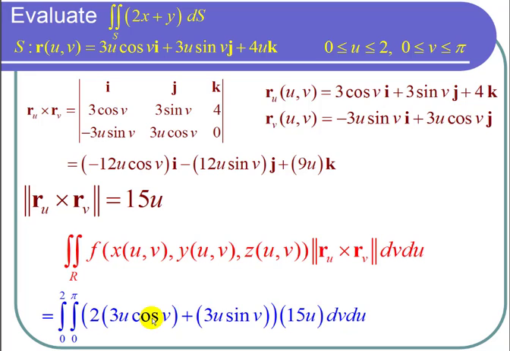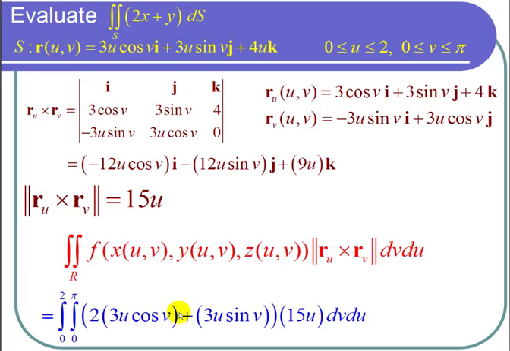So I get the double integral, and notice that u goes from 0 to 2 and v goes from 0 to pi. Then we have 2 times 3u cosine v, plus 3u sine v, and then the magnitude of Ru cross Rv was 15u, dv du.